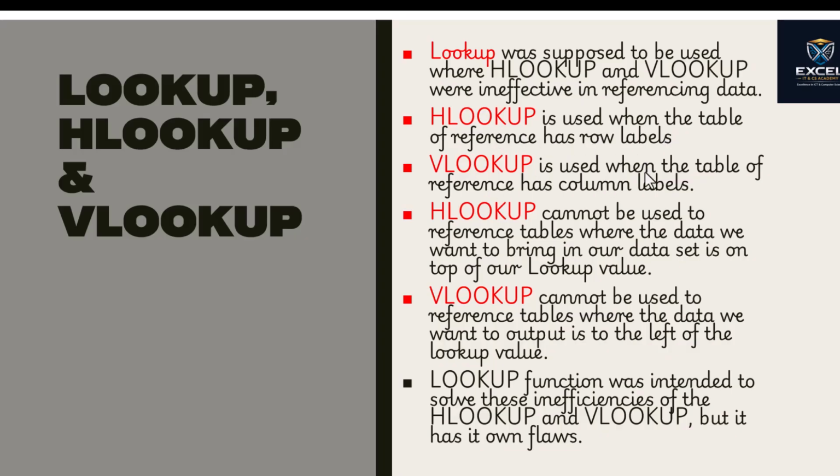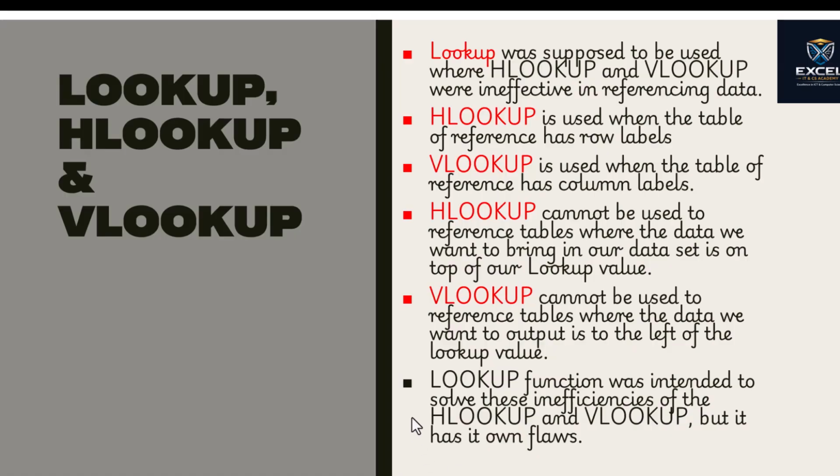VLOOKUP is when the table of reference has column labels. As we look at more examples, you shall see this. HLOOKUP cannot be used to reference tables where the data we want to bring into our data set is on top of our lookup value.